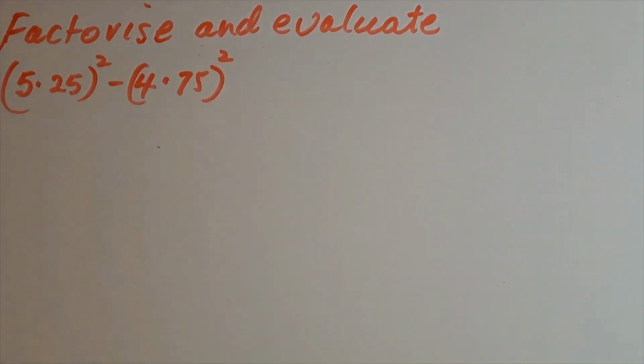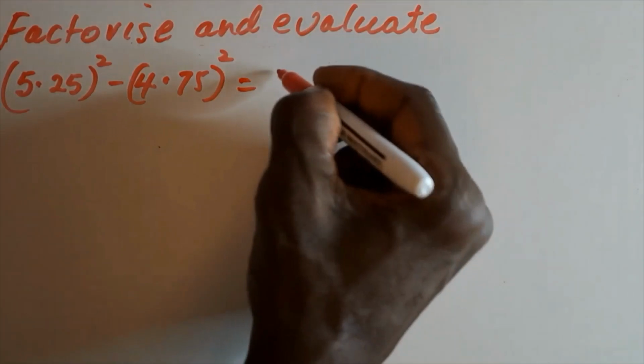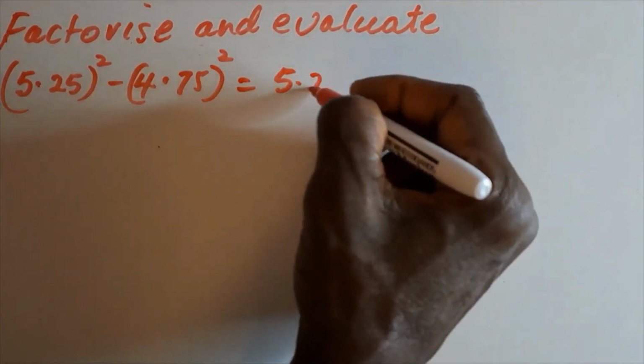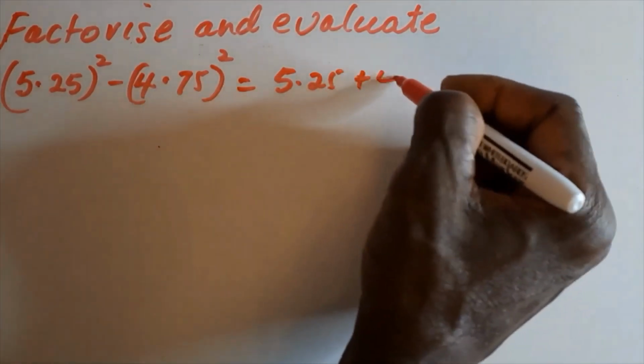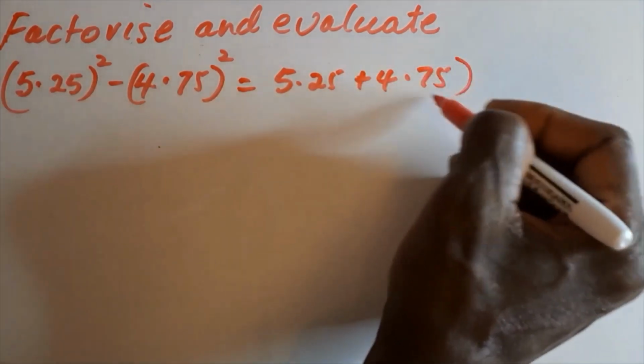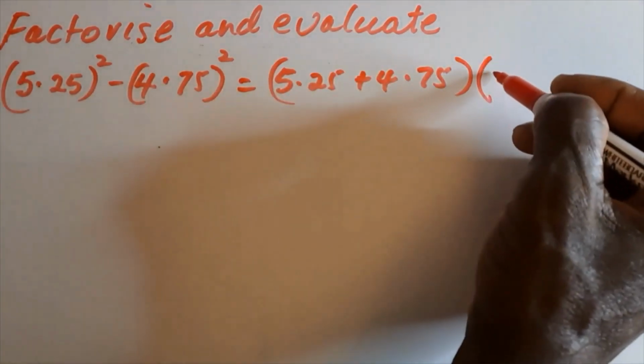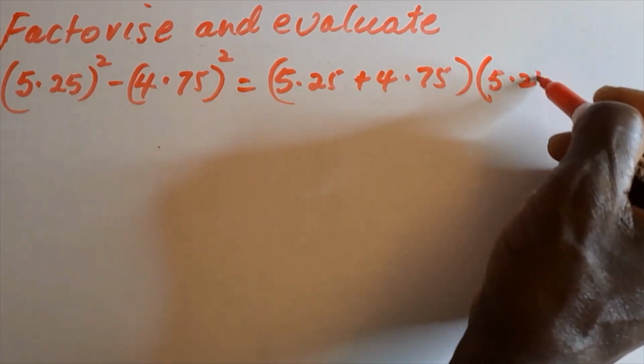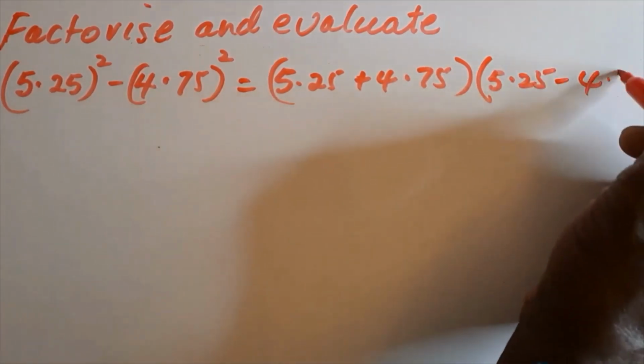What about this one? We have decimals, but the same applies to the difference of two squares. So we have 5.25 add to 4.75, and we multiply that by the difference, 5.25 minus 4.75.